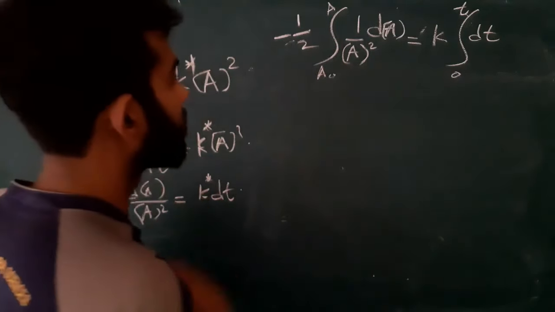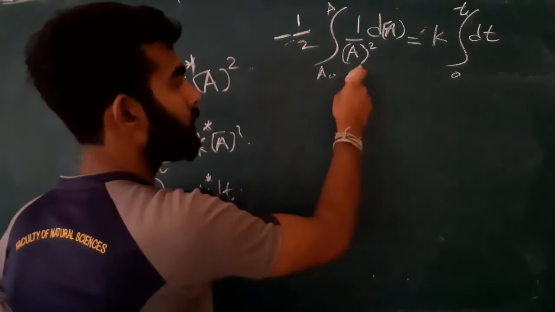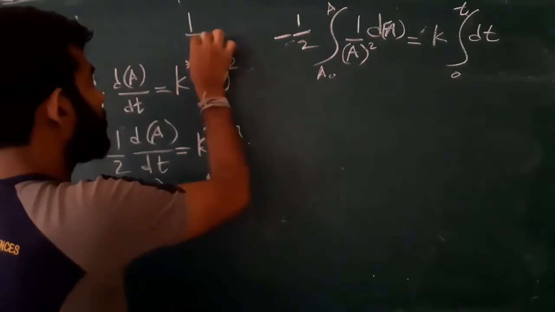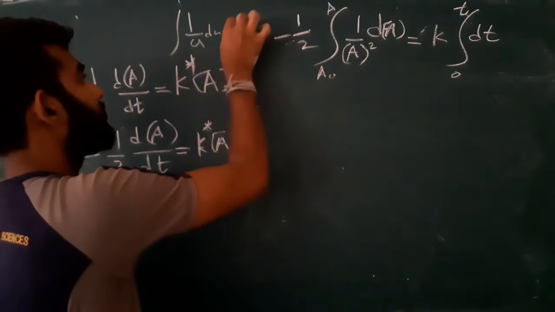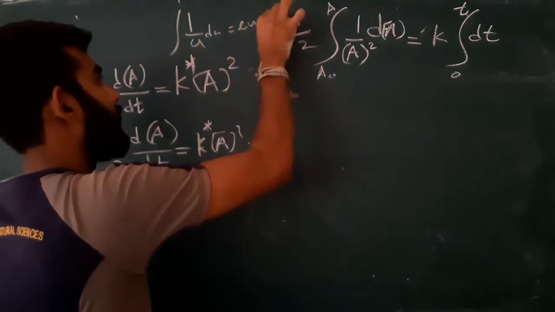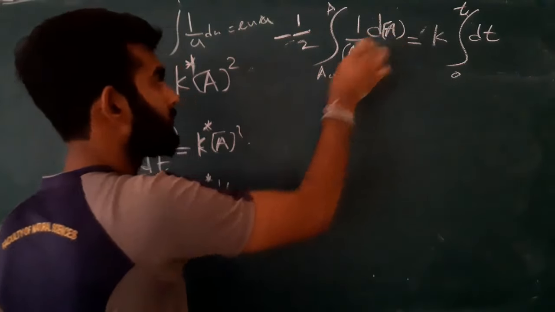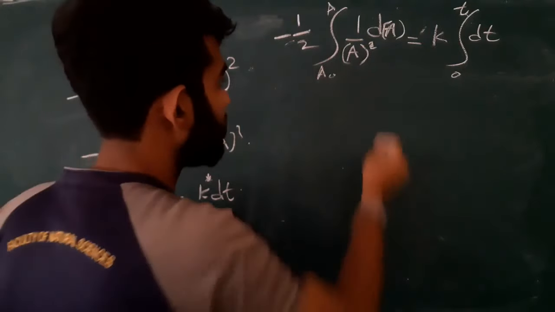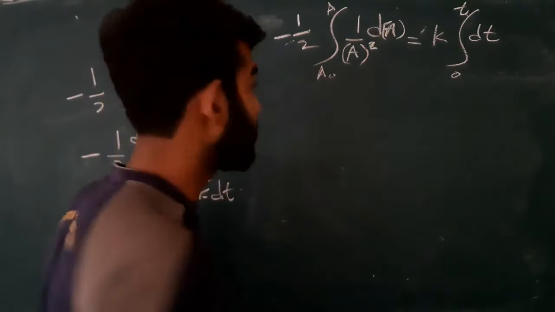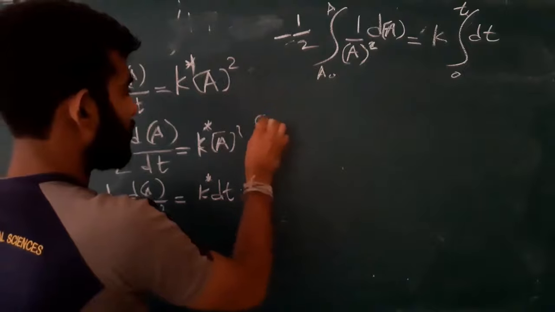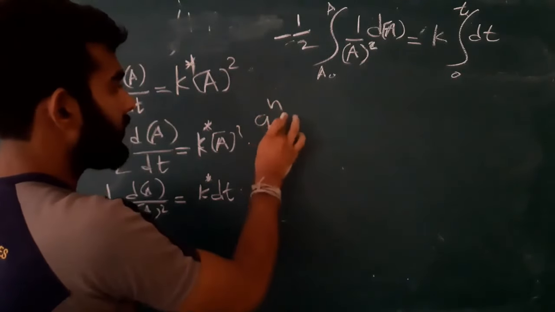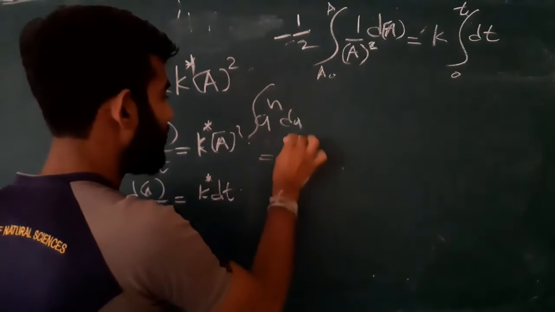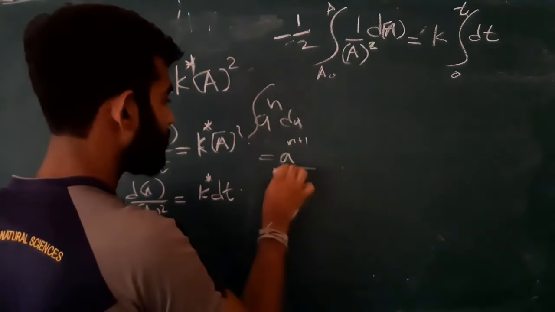Now, 1 over something: if we integrate 1 over A by dA, the answer will be ln A. However, here A has a power, so we can't apply this integral rule. Instead, we have to apply the power rule of integration. What is that? If we integrate A to the power n dA, the answer will be A to the n plus 1 divided by n plus 1.